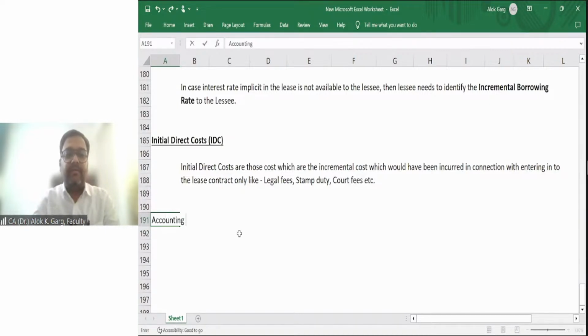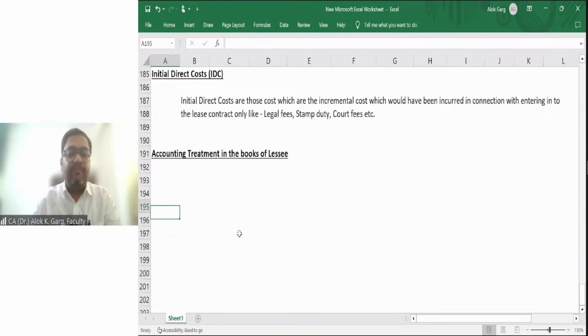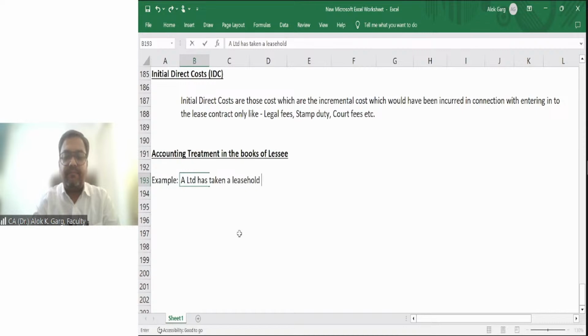Accounting treatment in the books of lessee. This is the most critical concept from the examination point of view. I am giving you an example. A Limited has taken a leasehold office from B Limited.